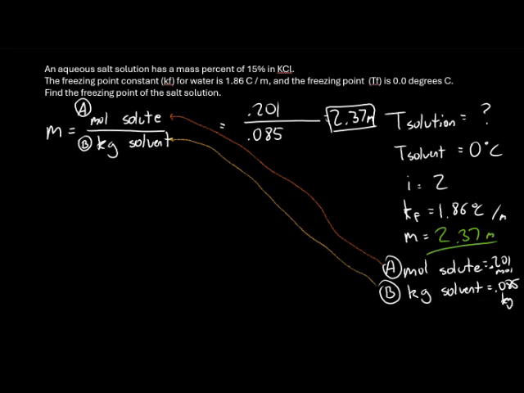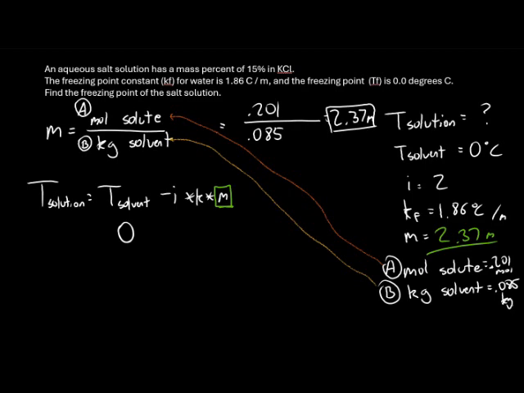Now that we have the molality, we can write our equation for freezing point of the solution. The freezing point of the solution equals the freezing point of the solvent minus i times K times the molality we just found.